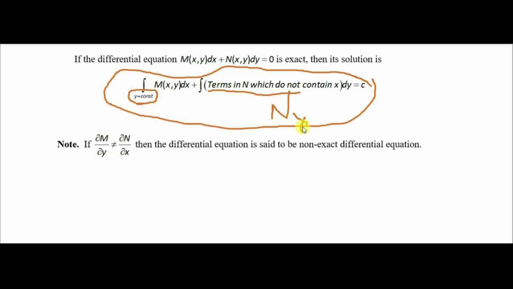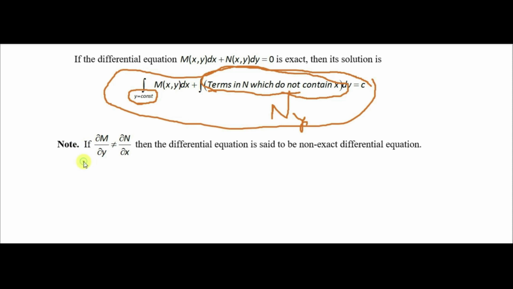To remember it, we read this as the term of N which does not contain x, means only the term of N which is free from x, equal to c, and by integrating this equation we obtain the solution of the differential equation.